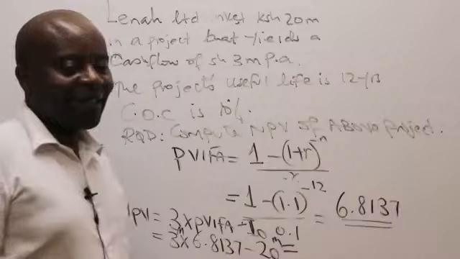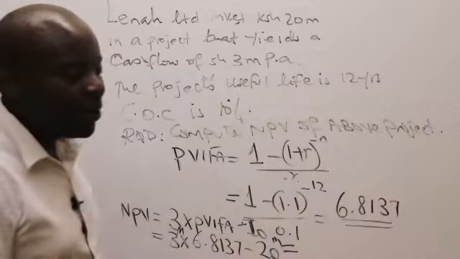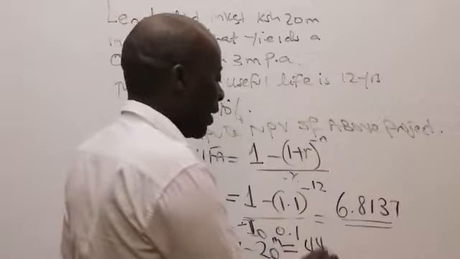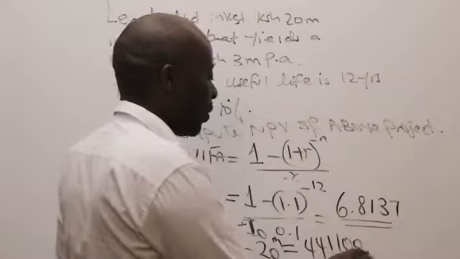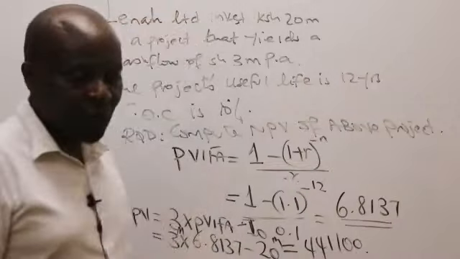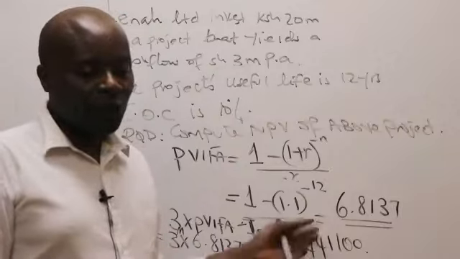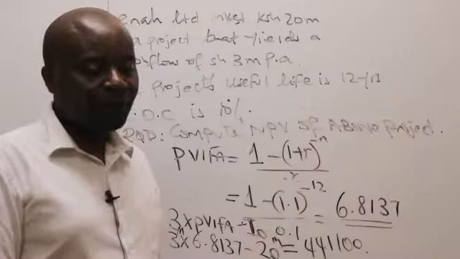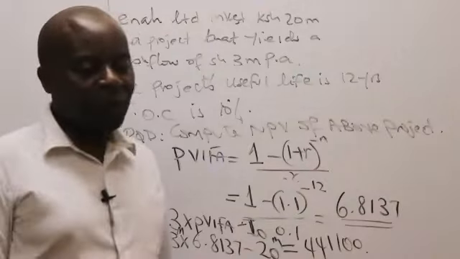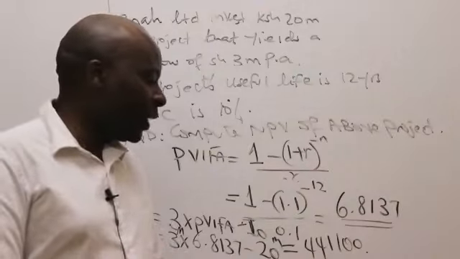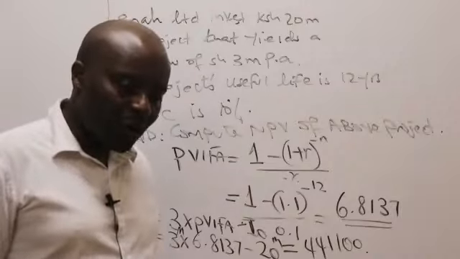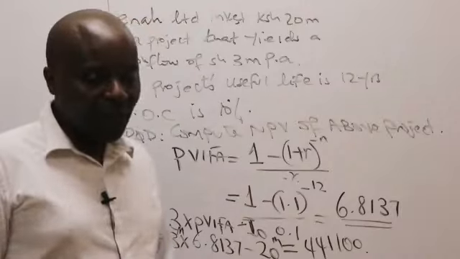So 441,100. And my brother Silas had a figure that was quite close to this. The same with Elias. Whatever differences we have there are quite small, and they are allowed by your examiner.